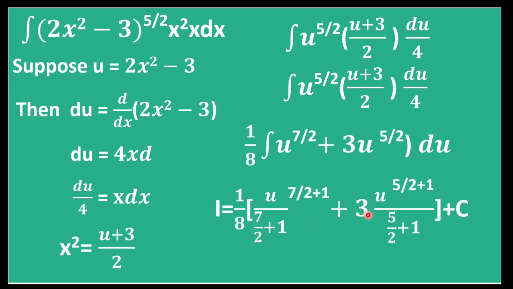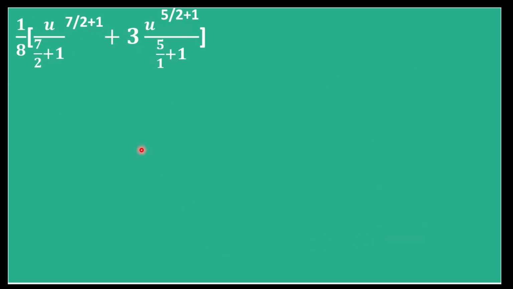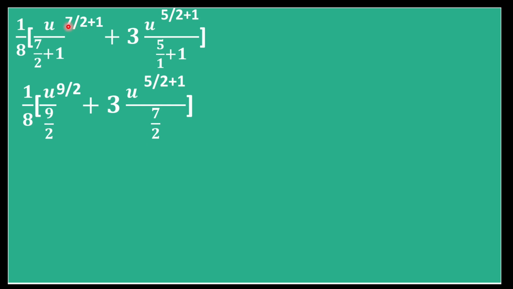And similarly this 3 and u^(5/2 + 1), divided by (5/2 + 1). Then we will add 7/2 + 1, which is equal to 9/2, and similarly this will become 9/2 over here. And here also 5/2 + 1 equals 7/2.